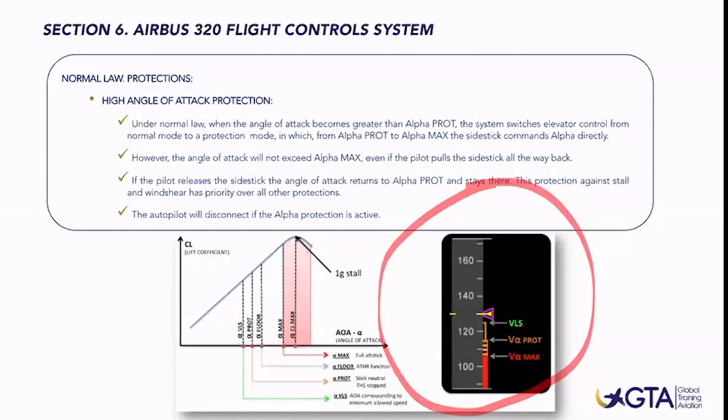We discussed on the previous slide that when the pilot applies pitch input on the side stick, we are demanding pitch rate or load factor. Well, in this case, when we are between alpha prot and alpha max, the elevator switches from normal to a protection mode, and we are demanding alpha directly.